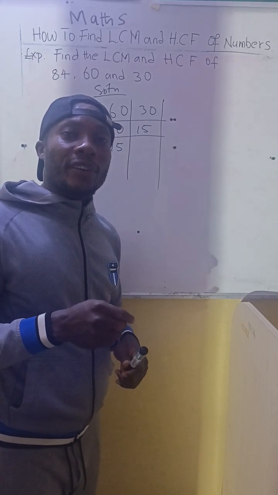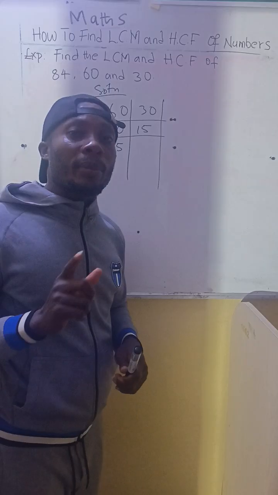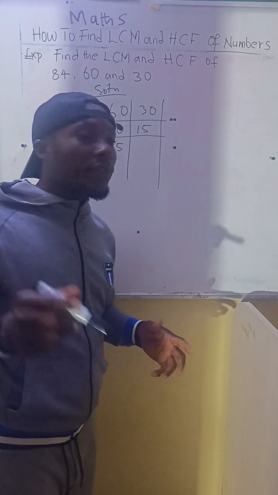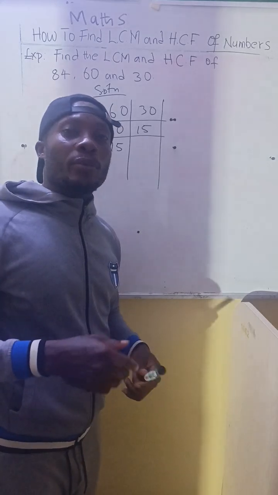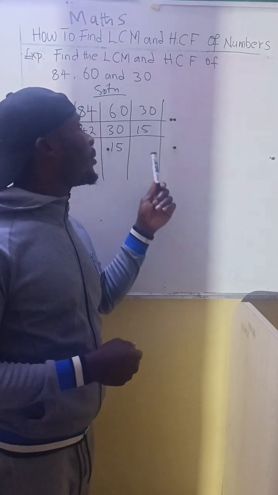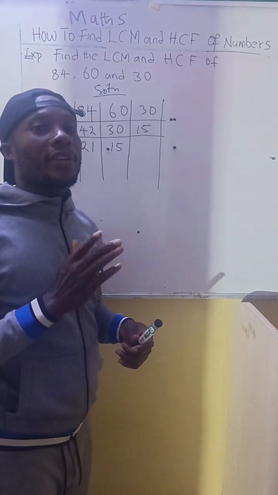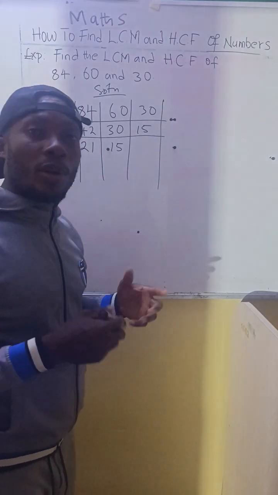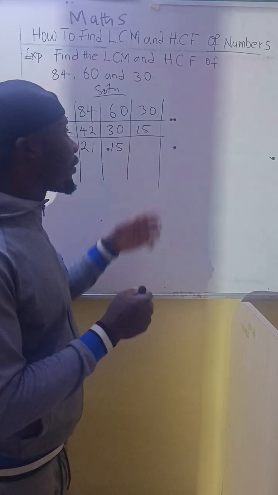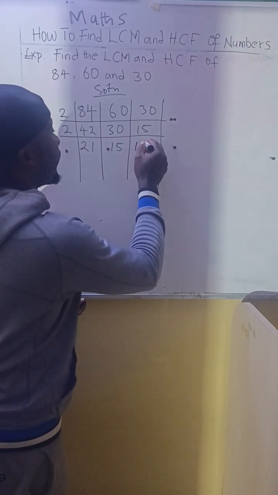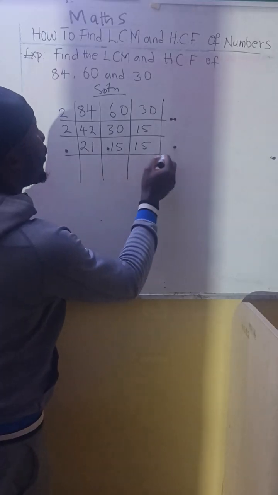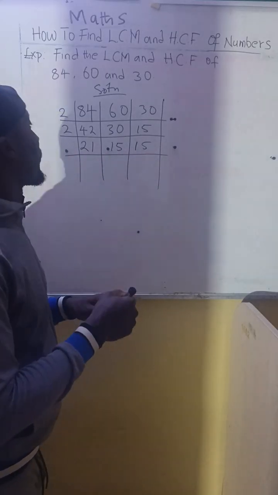We don't want anything that has remainder. Using this pattern, if there will be remainder, we repeat the same number. So 15 divided by 2 has a remainder, so we'll bring down 15.